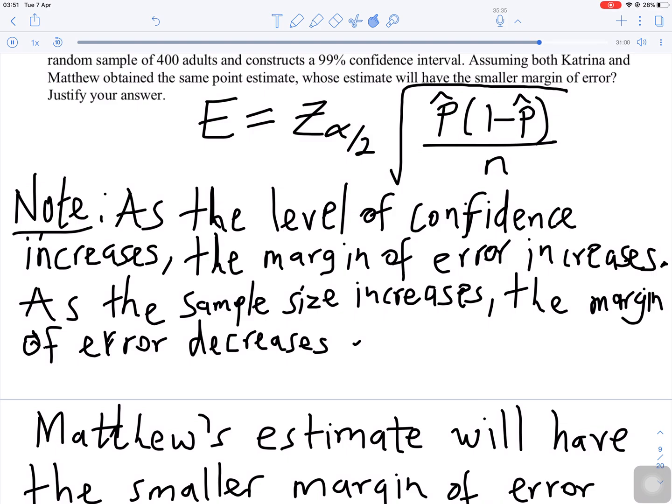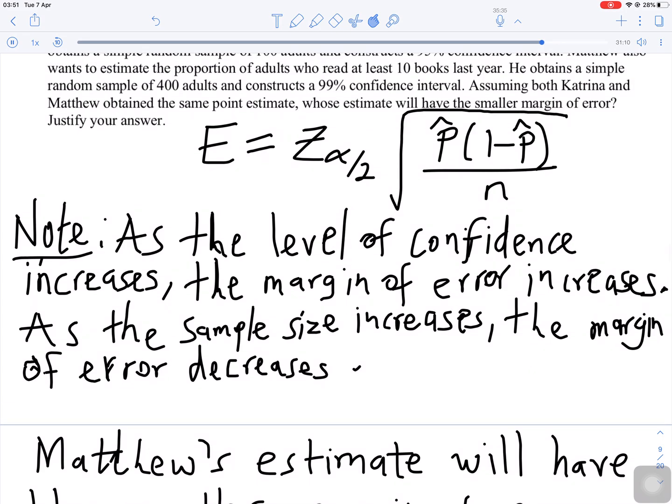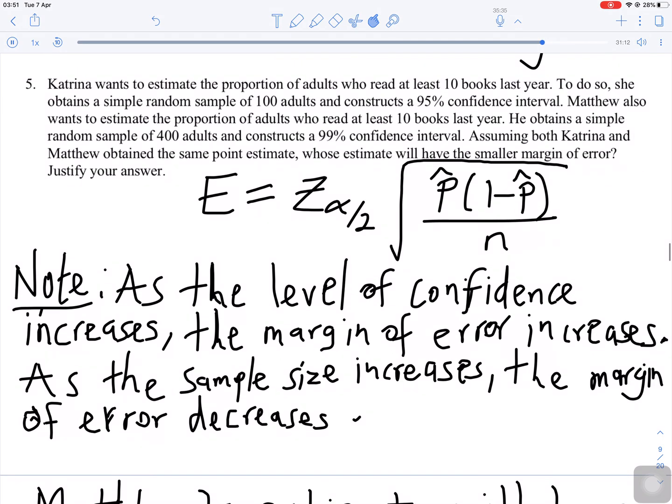But what really happens is, because the sample size is way greater than Katrina's sample size, there will be a much more significant effect. So I have the statements written here. As the level of confidence increases, the margin of error increases. As the sample size increases, the margin of error decreases.